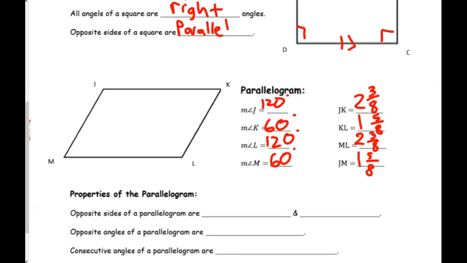So we know that opposite sides are congruent. 1 5/8, 1 5/8. JK and ML are the same. They're both 2 3/8. Okay. Opposite angles are congruent. J and L are congruent. M and K are congruent. And then, since it's a parallelogram, the opposite sides are parallel.